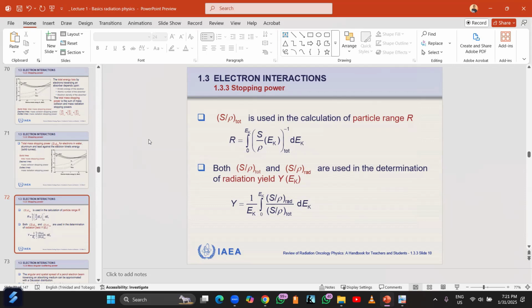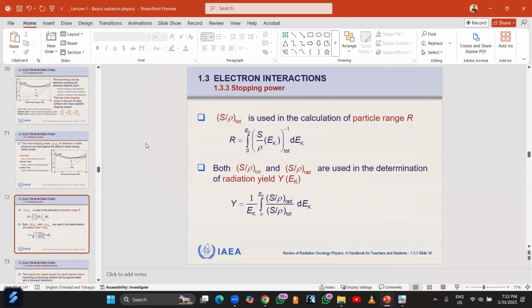And you can convert into centimeters if you want by multiplying with the density. So now if I give you a specific material, you just have to multiply by the density and you get your units in centimeters. So you know this electron travels this much distance in this particular medium.